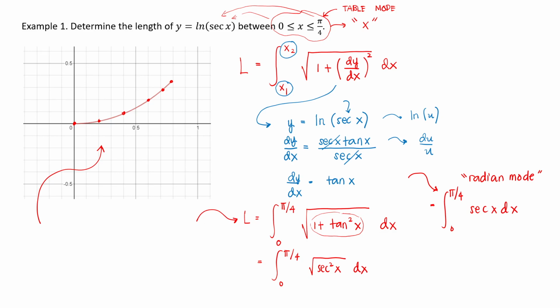If you try to compare the difference, there's no secant x in the calculator, so what you need to do is 1 over cosine of x, from 0 to pi over 4. So the answer is 0.88. Since it's a length, it's 0.88 units.